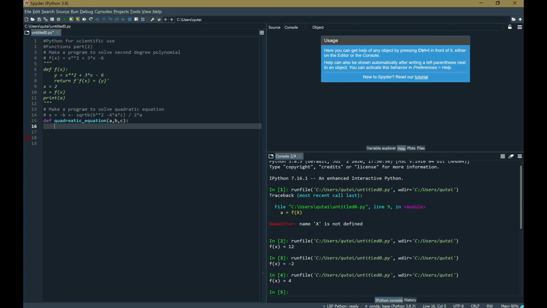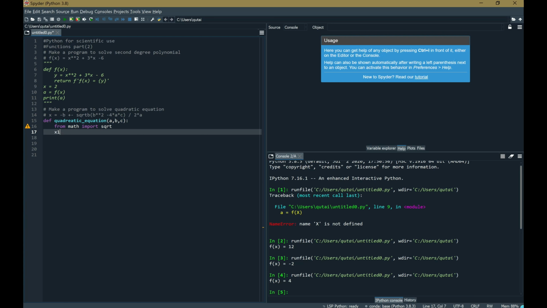And here we should import, or we should from the module math import sqrt. We will talk about modules in the modules section, but here I will use this module, math, and I will import sqrt from the math. It's like I will import square root from the math.